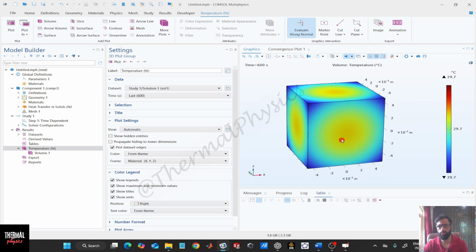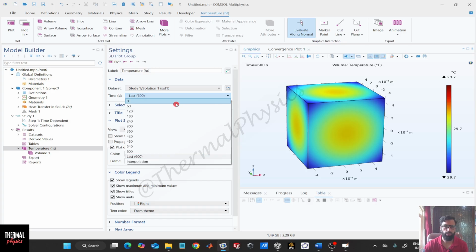What is the maximum temperature of the entire body? Now we have to find the temperature after 60 seconds, so we will go to this time. We have temperature at 0 initially, which is 80, then 60, 120, in intervals of 60. So we have till 600 because we chose the time range like that.